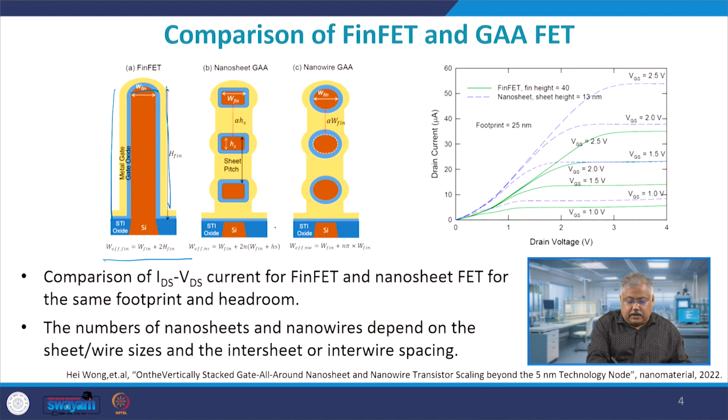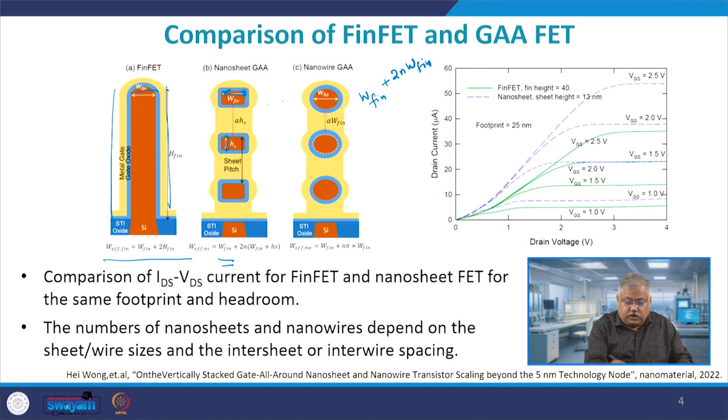And if you look at the nanosheet FET, W fin is available because it is common to all of them, plus 2 n times H fin plus Hs. H fin is what? W fin is this one, and plus Hs is this one. So what you will get is basically W fin plus 2 n W fin.